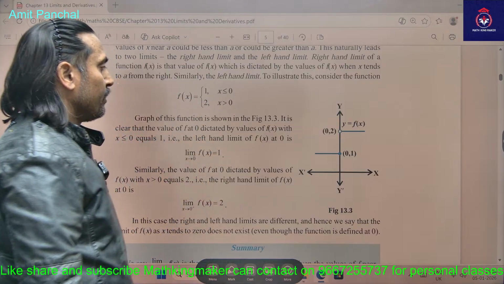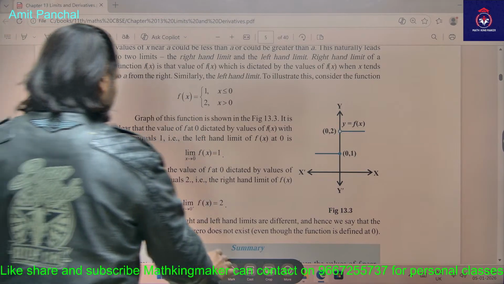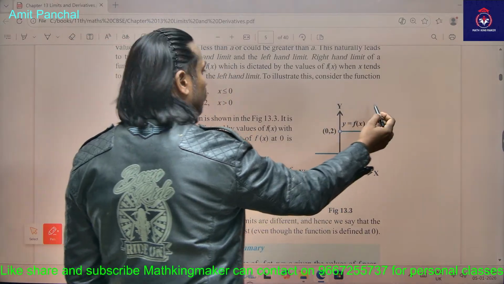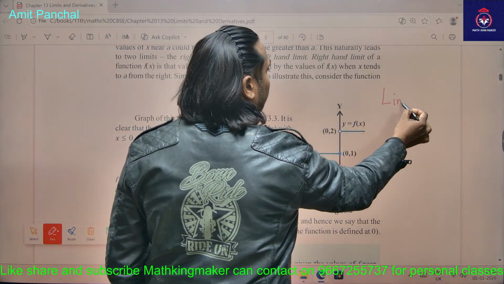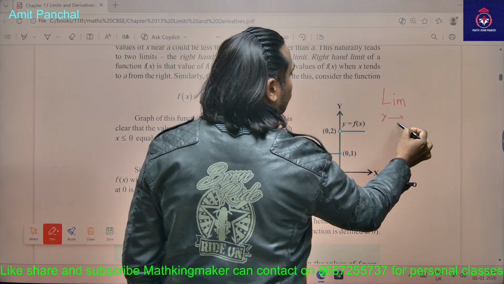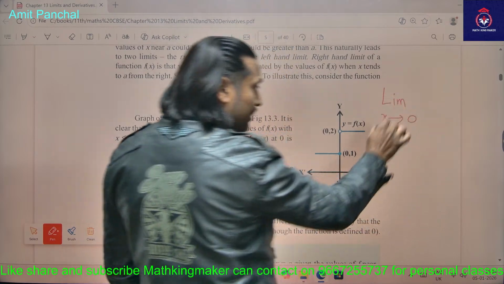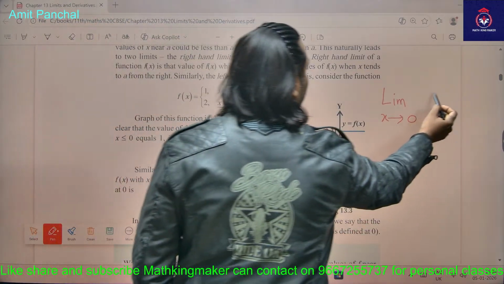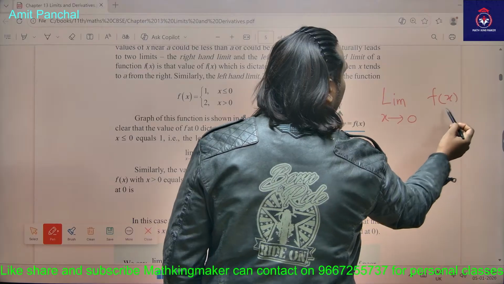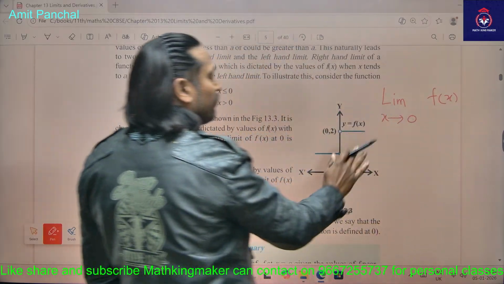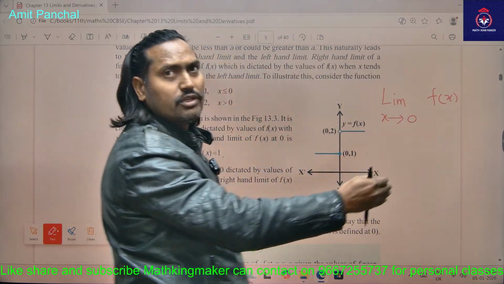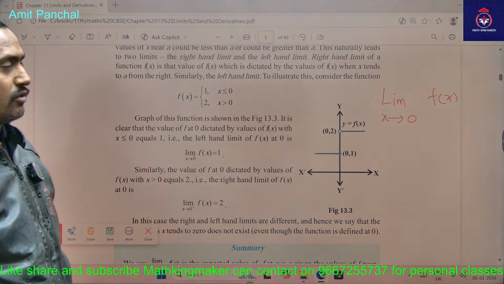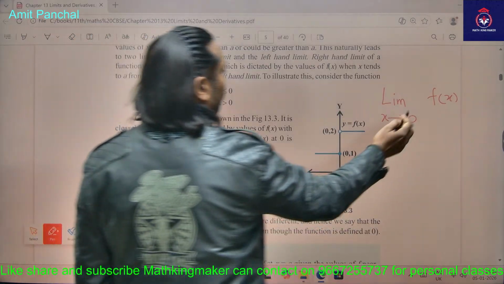If we write limit x tends to 0, we read it as limit x tending to 0 of f(x). That is the value that the function approaches as x goes towards 0. That is the meaning of limit.